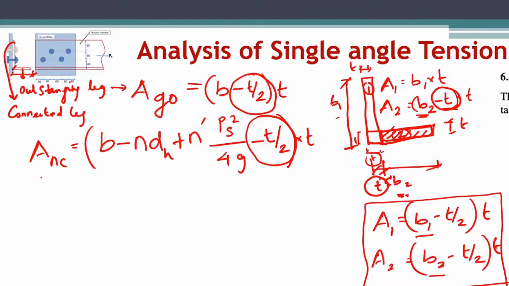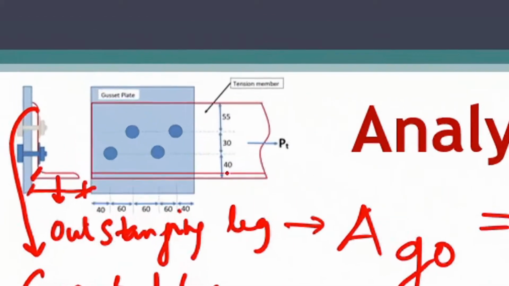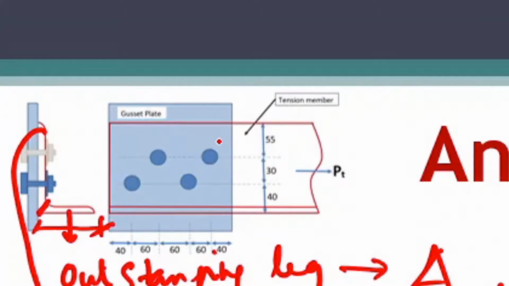And when you are calculating the net area, again you need to check the different possibilities of failure pattern. So the first pattern is like this. Failure may happen by getting a crack in this section 1, 2, 3, or the failure may happen even like this.